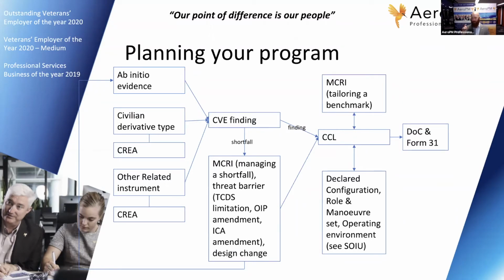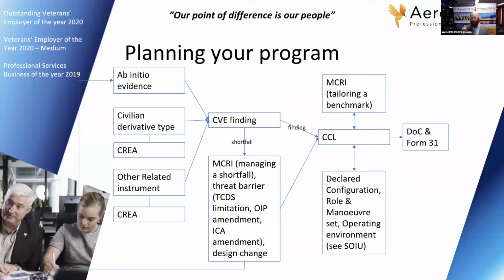Remember, that CCL is now a living document. So all that stuff that we establish up front goes in there and stays in there until we consciously modify the aircraft to get rid of it, or we work out some other way to retire any risk associated with that, or change the conditions associated with that MCRE. If that doesn't make sense now, I'll talk about it more later.